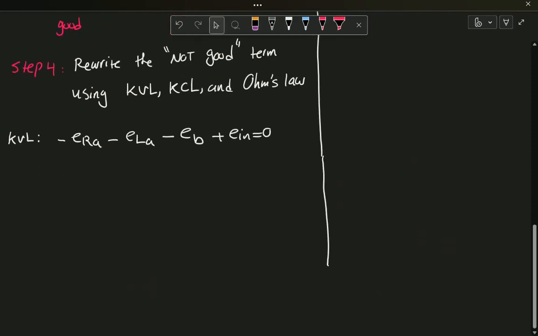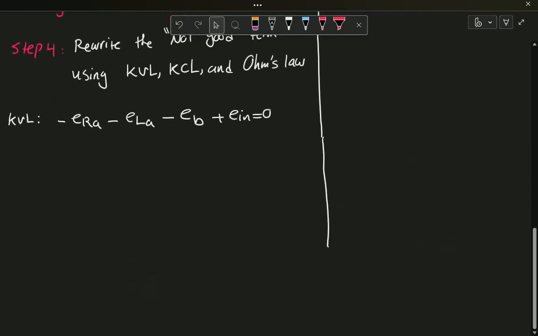Yes, okay. With that in mind, I would go and write down the Ohm's law as well, okay? And you guys know that from the Ohm's law, ERA is equal to RA IA. Okay.